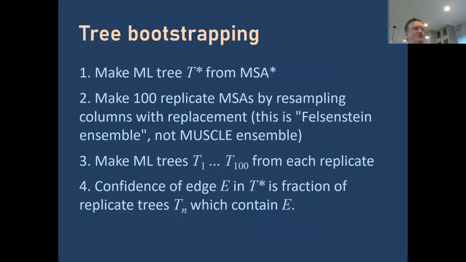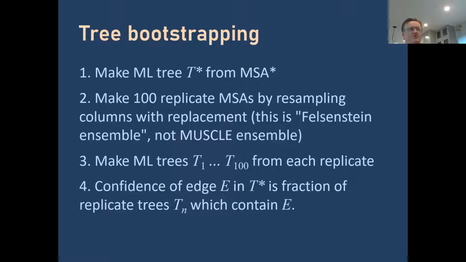Here is a slide with too much text and notation, but it's basically a short description of the standard method of tree bootstrapping. The idea is that you make 100 replicate alignments. Now, this is a different kind of replicate from everything I've been talking about up to now.